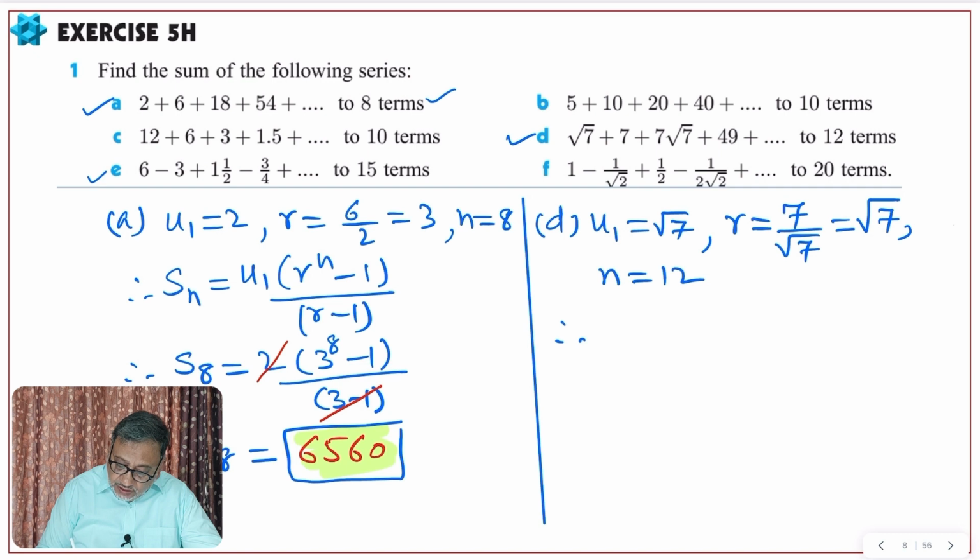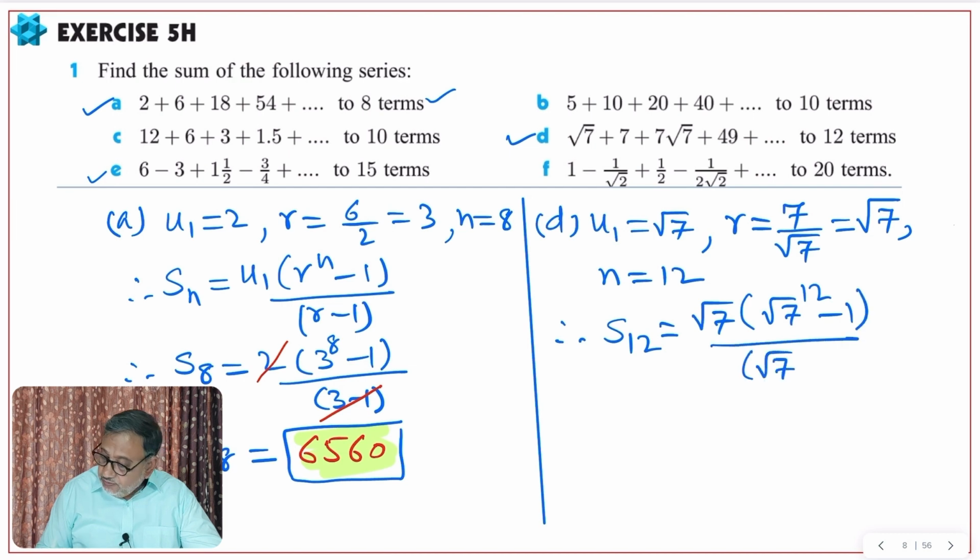So, in the same formula, I will put it: S12, U1 is root 7, bracket root 7, R is also root 7, to the power 12 minus 1, divided by root 7 minus 1. I will put all of it in the calculator and get the answer. So, square root of 7 inside the bracket, square root of 7 again to the power 12 minus 1, divided by bracket root 7 minus 1, right?